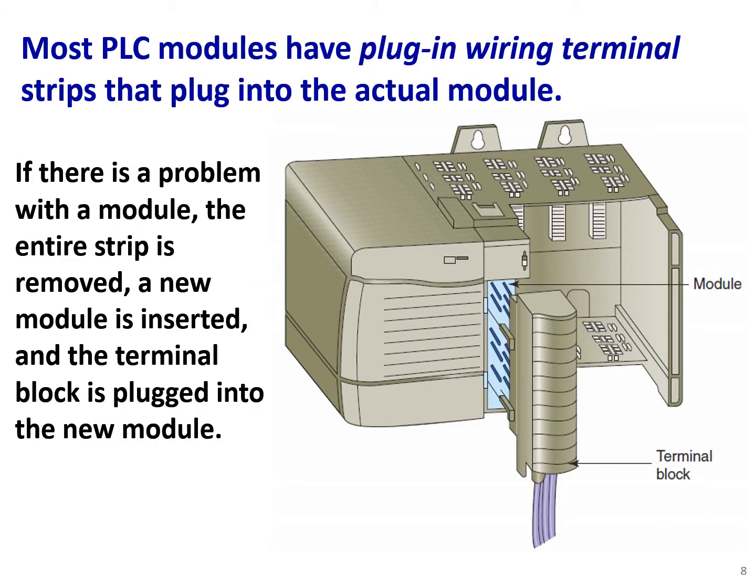Most PLC modules have plug-in wiring terminal strips that plug into the actual module. If there is a problem with the module, the entire strip is removed, a new module is inserted, and the terminal block is plugged into the new module.